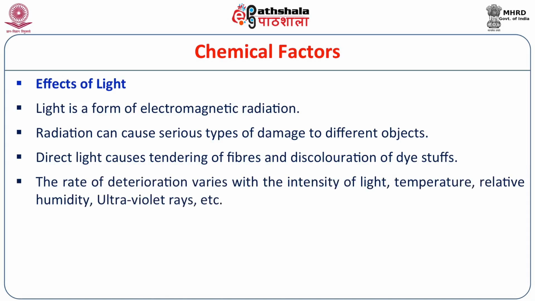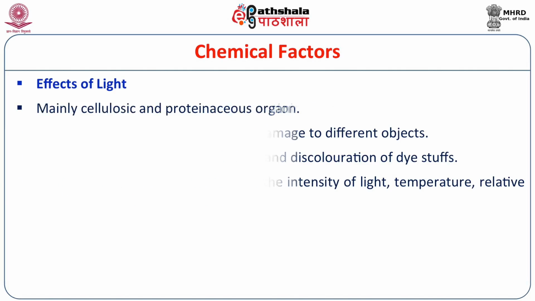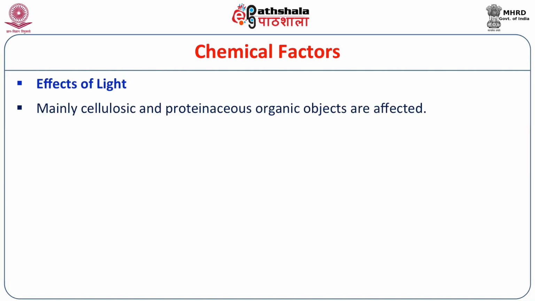The rate of deterioration varies with the intensity of light, temperature, relative humidity, ultraviolet rays, and others. For the effects of light, mainly the cellulosic and proteinaceous organic objects are affected.